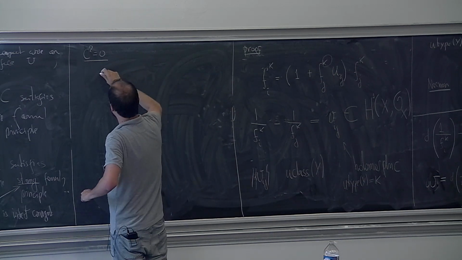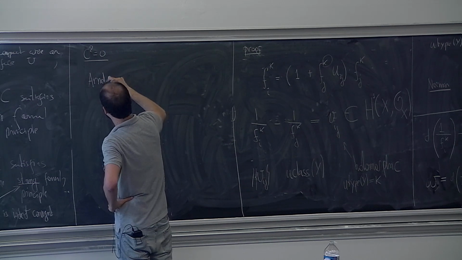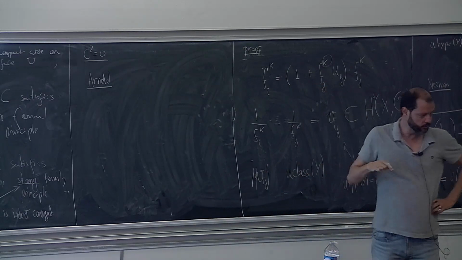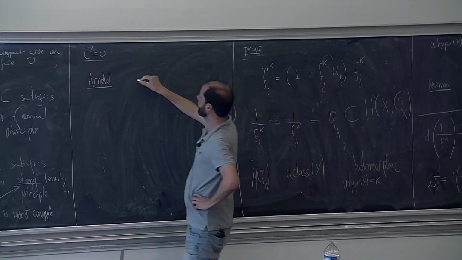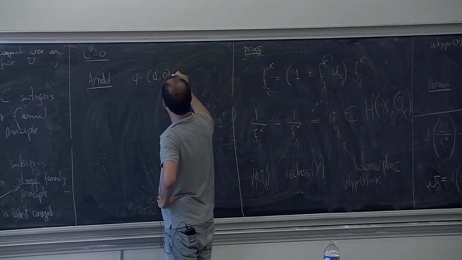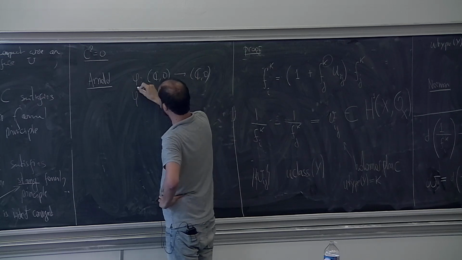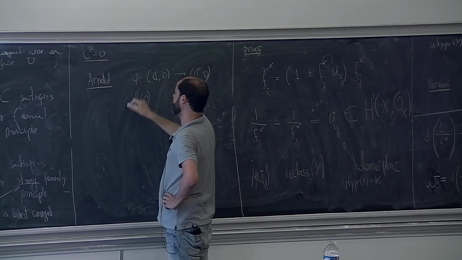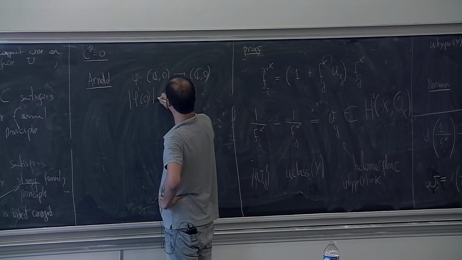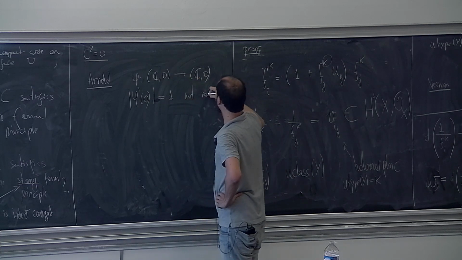So the first example is an example due to Arnold, which also comes from foliations, right? So you take an automorphism of C, 0, with this eigenvalue of norm 1, but not a root of unity.